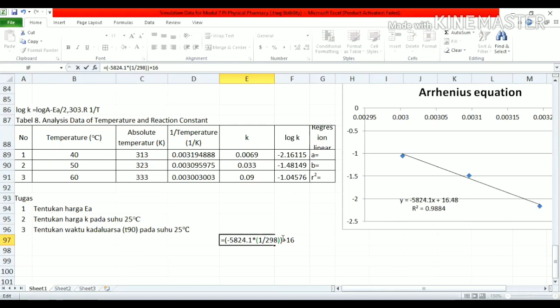And if your order reaction uses a formula that involves the value of initial concentration, you should use your very initial concentration, not the initial concentration with the same condition as the sample.